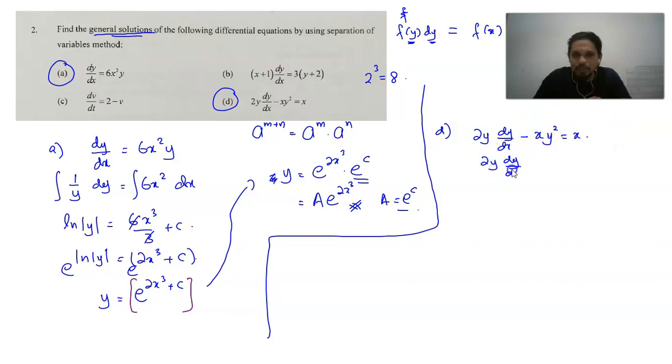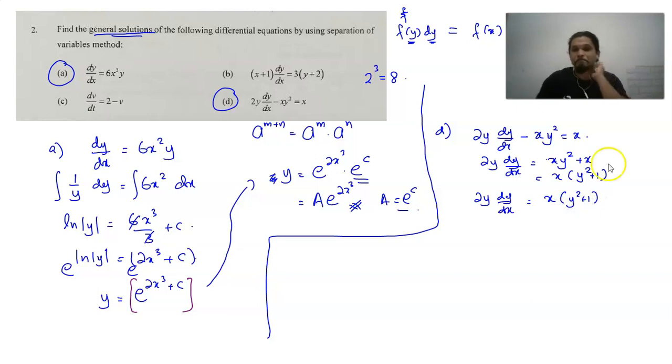So 2y dy/dx equals xy squared, plus x, which is also equal to, factorizing x, x(y squared plus 1). So again, 2y dy/dx equals x(y squared plus 1).